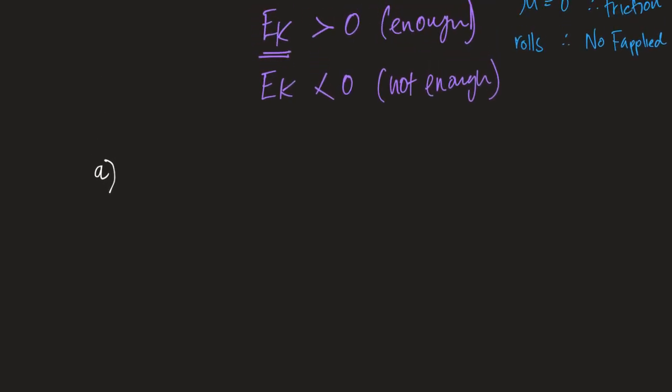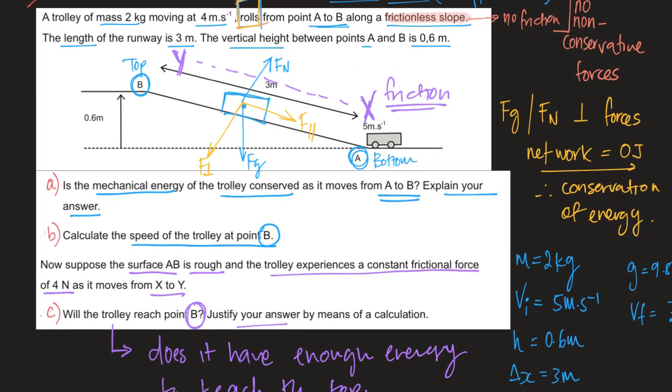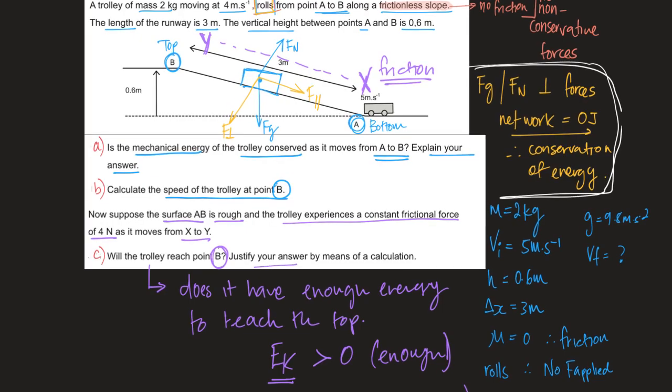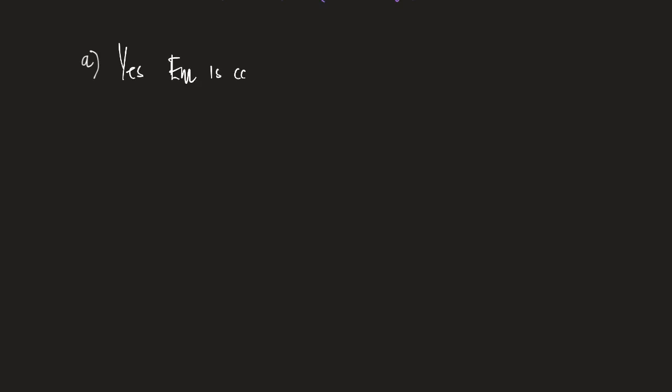First of all, I know that initially it only has these perpendicular forces. If it only has perpendicular forces, then it must mean that I have conservation. So you must first answer the question: yes, the mechanical energy is conserved. That's where you get 1 mark. The second mark says, explain your answer.